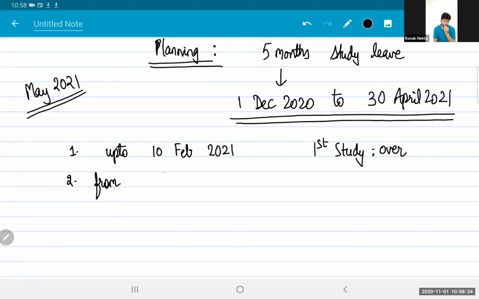From 11th February 2021 to 28th February 2021, which is a span of 18 days, you will write papers.